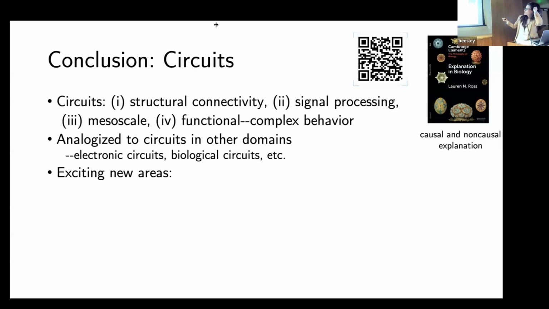We heard earlier discussions of distinctions between causal and non-causal explanations. This is a book that just came out yesterday that's open access that gives a breakdown of common types of both causal and non-causal explanations in biology, but this is really the life sciences.